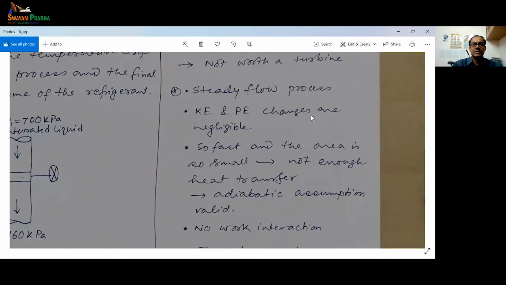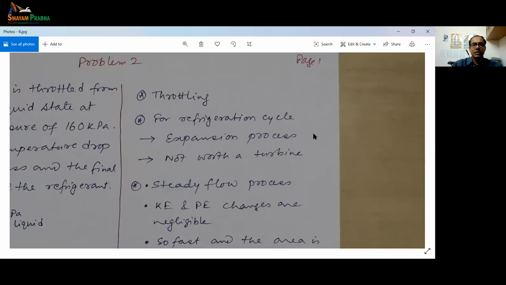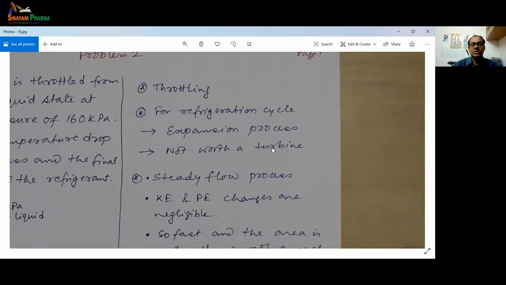Okay, so let's look a little bit at this throttling process, and this you will encounter many times in the thermodynamics course and as an engineer in real life.